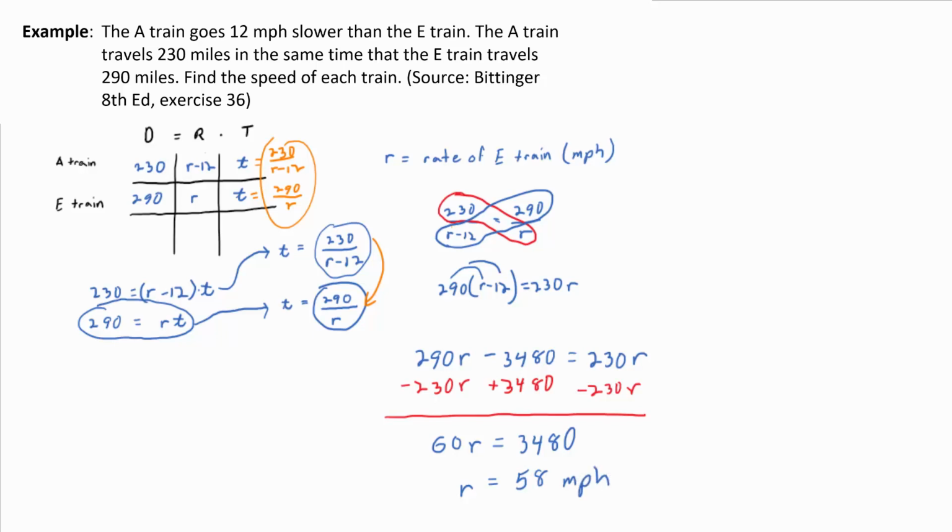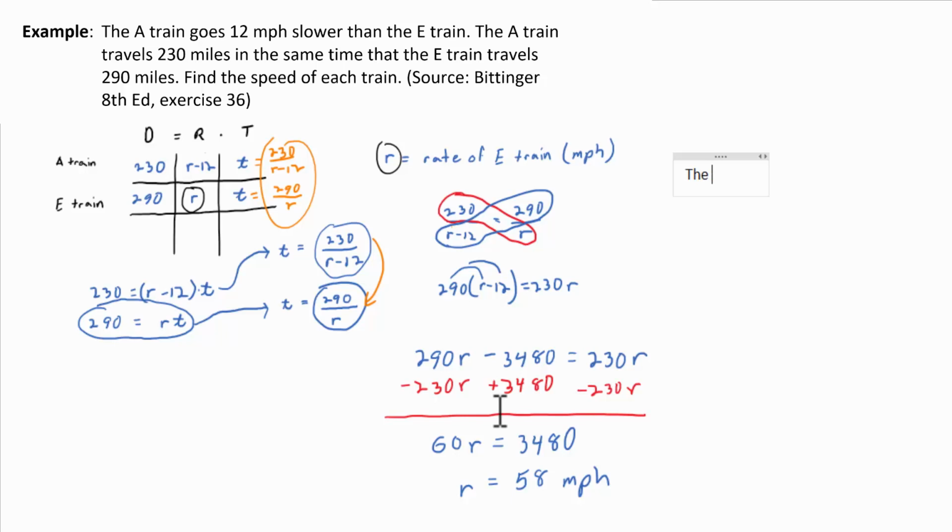So how would you summarize your answer? You go back and read what they're looking for. They want the speed of both trains. So I could write something like this. How do I know which one's which? Well, that's why I label things carefully, right? Oh, r is the rate of the E train. If you forget, you can look back.